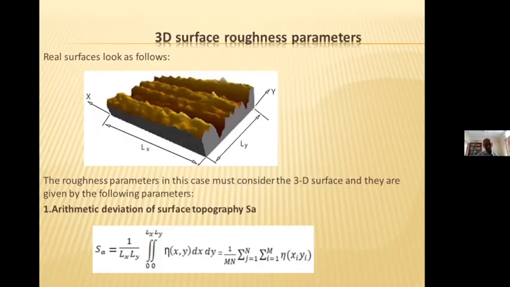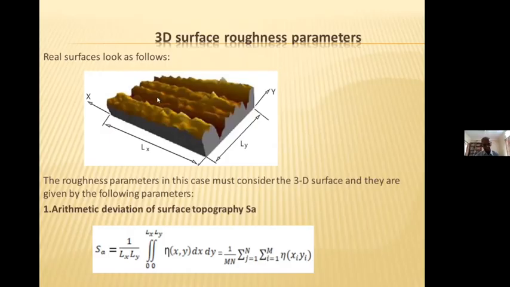So there has to be some parameters to define or to describe the real surface. And there are many parameters designed or derived. One of them is arithmetic deviation of surface topography, Sa. Sa is something very close to CLA, where we take the function y as a function of x and integrate dx over the whole sample.